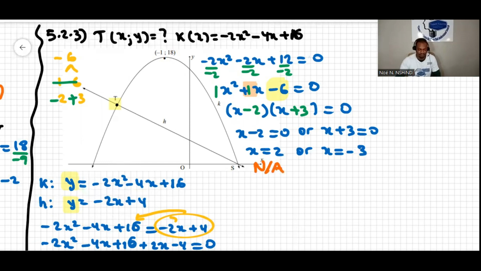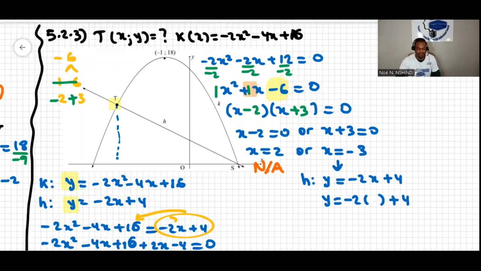Now we're going to sub this value of negative 3 into either k or h to find the y value. I prefer to sub it in h, because here it's much quicker. So y equals negative 2x plus 4.